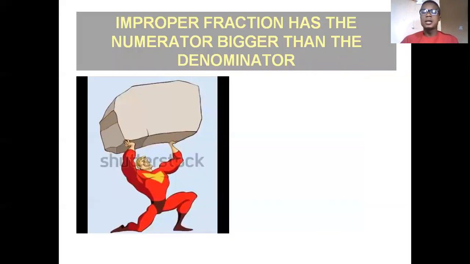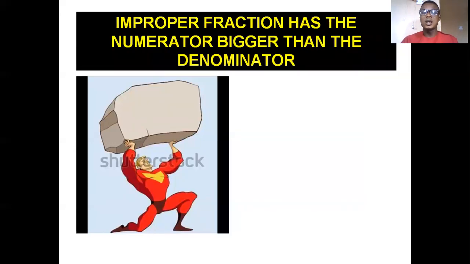Now look at this man trying to carry this heavy rock. It is a taboo, it's a sin. It is wickedness to give this man this heavy rock to carry. It is not proper at all. Okay? So you see that the rock is heavier than the man. The man cannot carry the rock. You see how the man is stressing himself in order to be able to carry this rock.